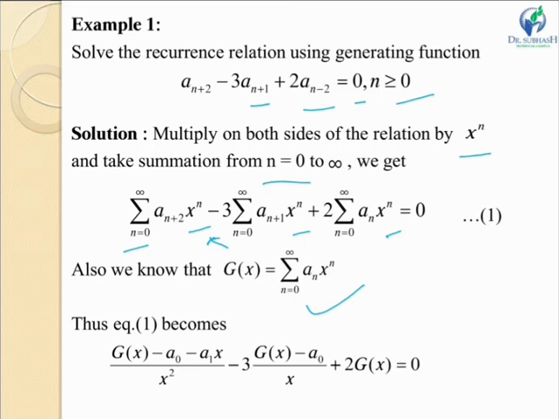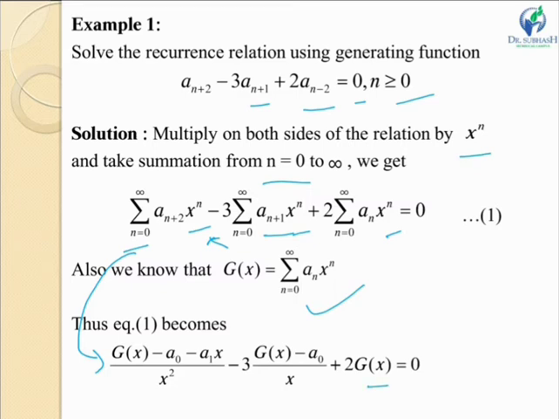So we will replace this by generating function. We get here gx minus a0 minus a1x. Next term is an plus 1 x raised to n. Here we will take up to a0 only. So gx minus a0 upon x, and the last one will be only gx.